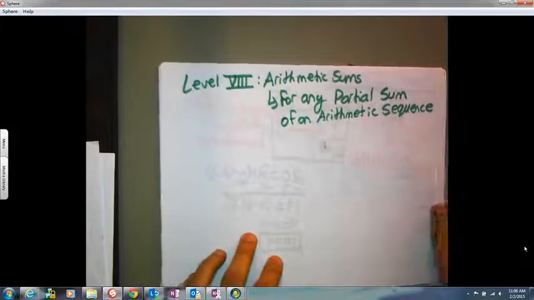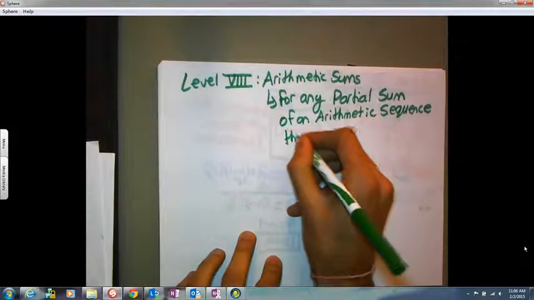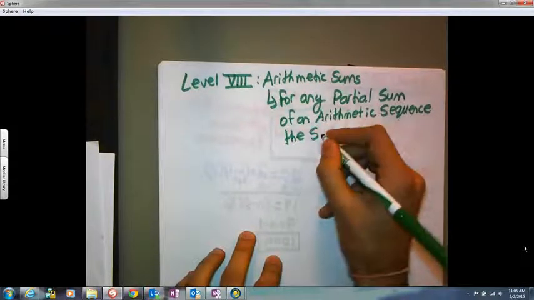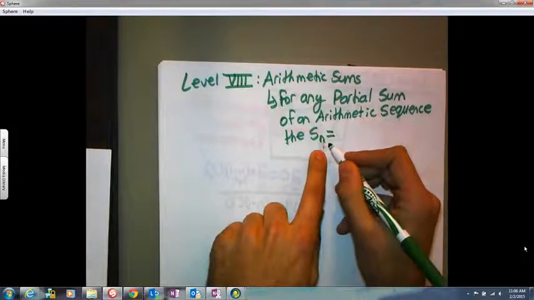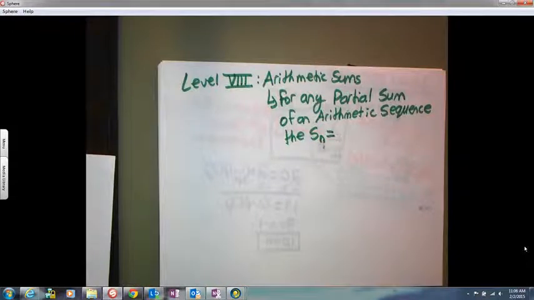The formula for the sum is S sub n. Remember, n could be the third partial sum, the 10th, the 20th, whatever you want. Third partial sum, sum of the first 3 terms. 10th partial sum, sum of the first 10 terms. 20th partial sum, sum of the first 20 terms.